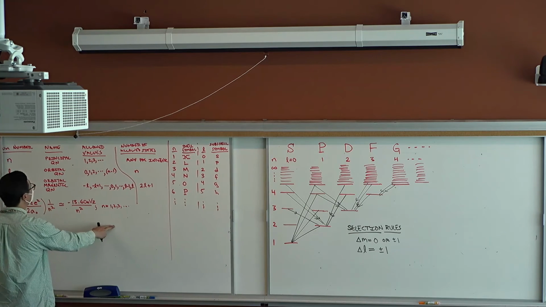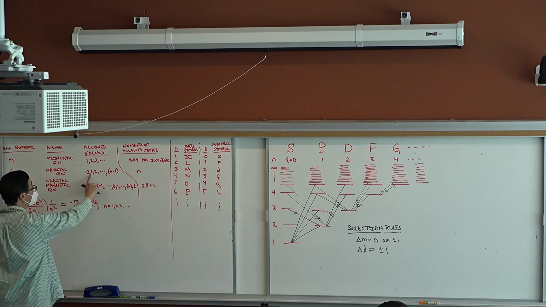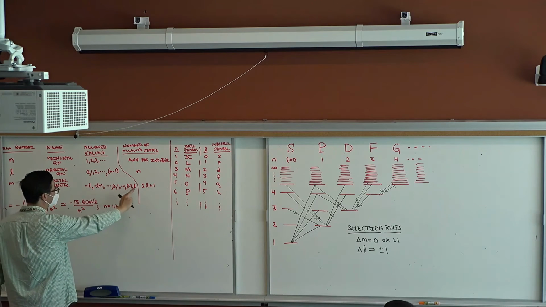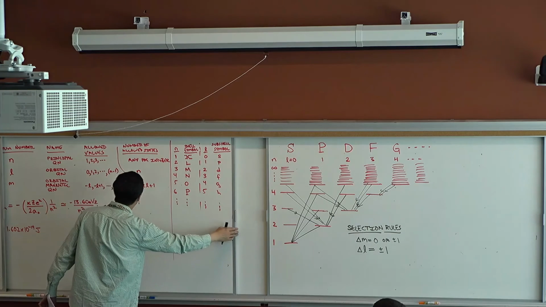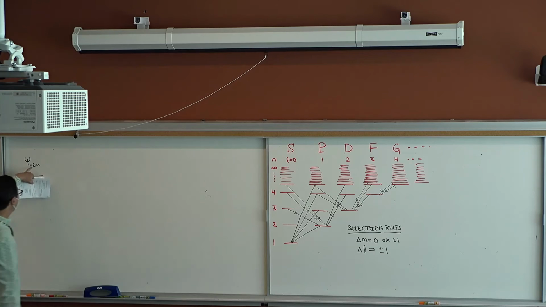Yeah. So n can take on any integer, L can go from 0 up to n minus 1, M can go from minus L to plus L. And so if n is 1, L is pinned to be 0, right? Because it can go from 0 up to n minus 1, and 1 minus 1 is already 0.